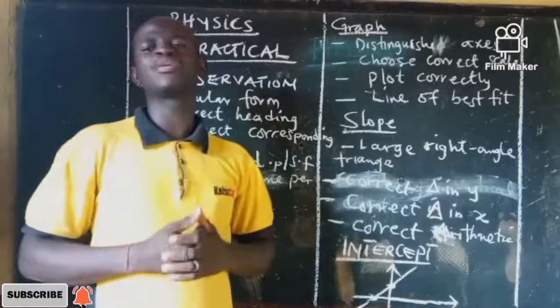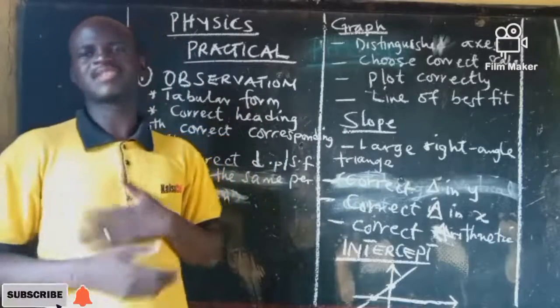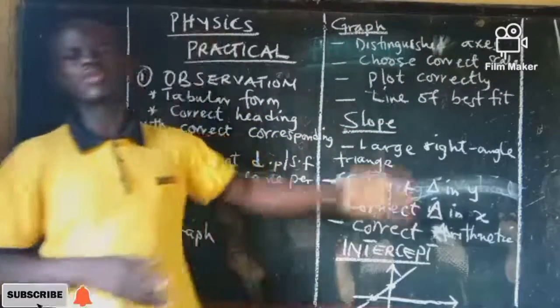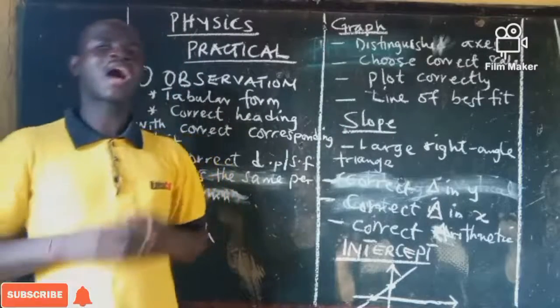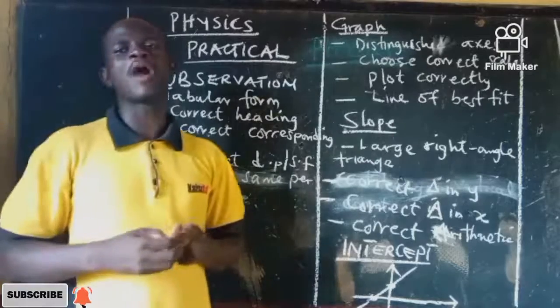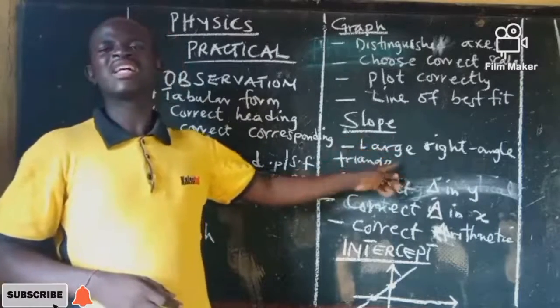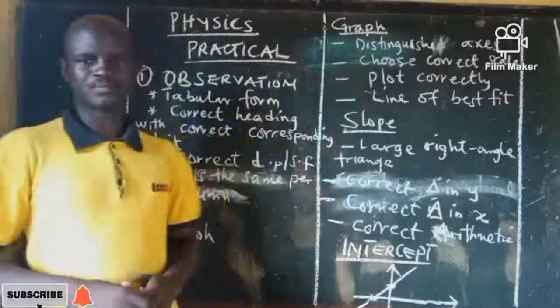After that, we move on to slope. Another word for slope is gradient. We call it gradient in mathematics. Yes, the way we calculate gradient in mathematics is the way we calculate slope in physics practical as well. Now, how do we go about slope? Number one, you need to produce a large right angle triangle.